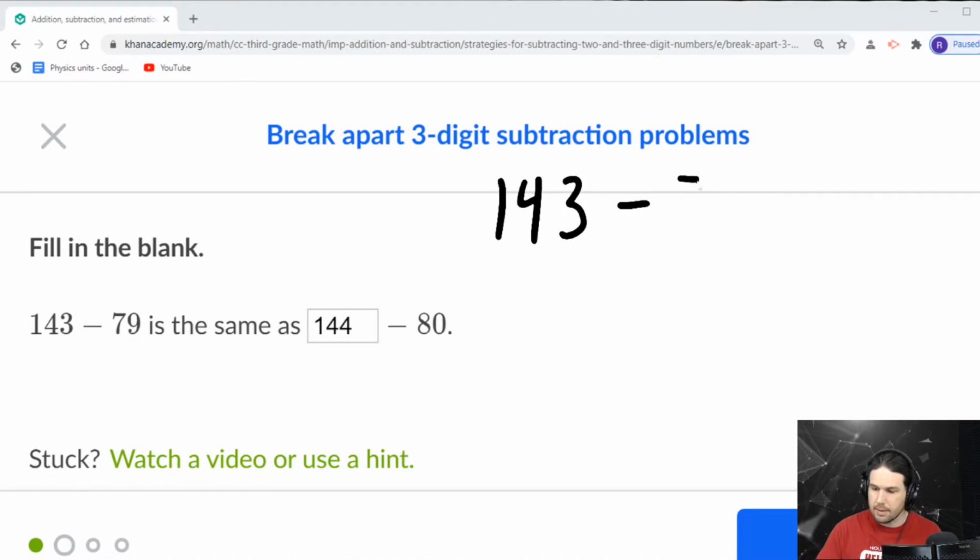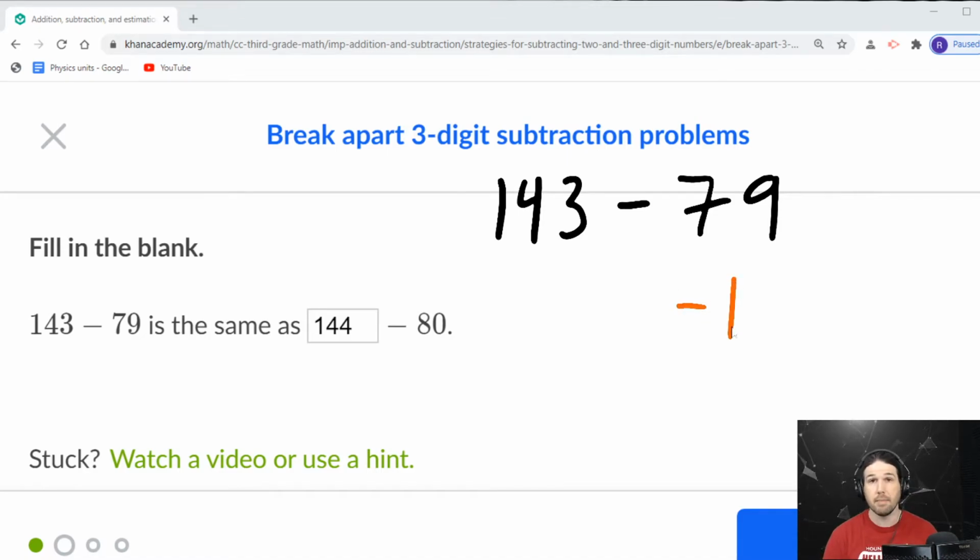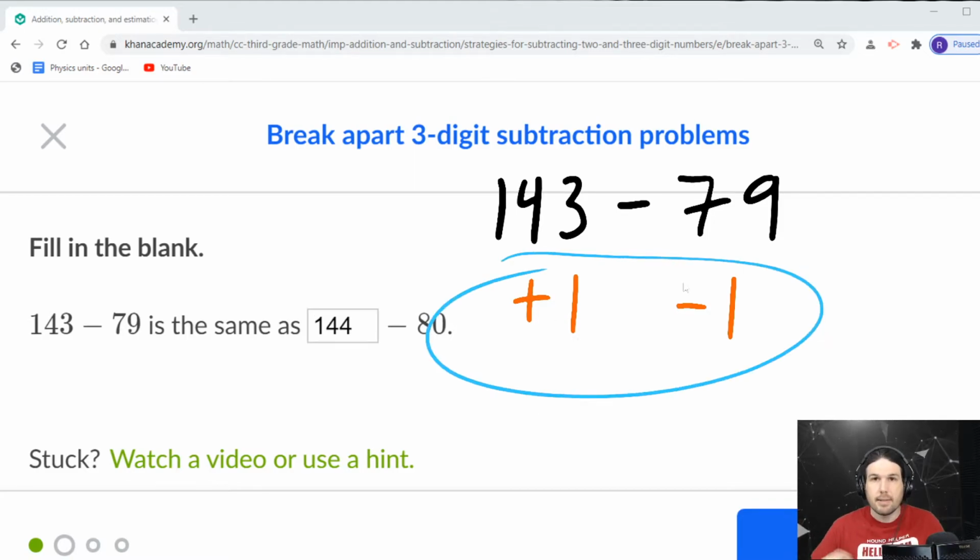143 minus 79. If I am going to put another negative 1 in here to make negative 80, I need to subtract 1 off of that to make negative 80. I have to then add 1 so that the total amount balances, right? Because if I take the total change, it's 0.